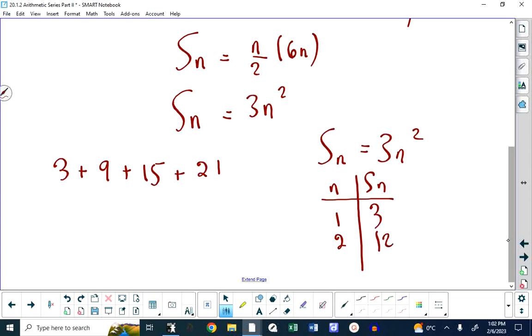Aren't we supposed to get 9? No, we're supposed to get 12 because 3 plus 9 is 12. If I put 3 in here, 3 times 3 squared. 3 squared is 9. 9 times 3 is 27. If you add up the first 3 terms, you get 27.